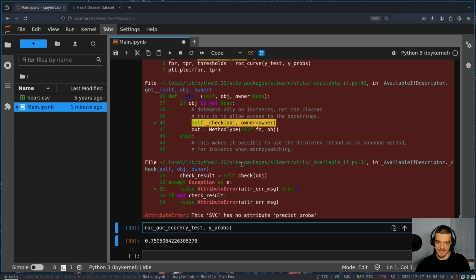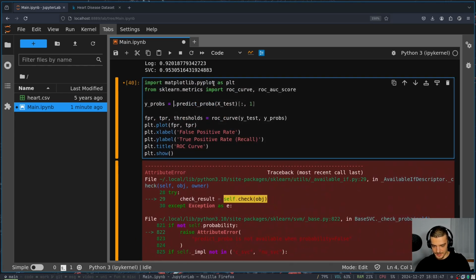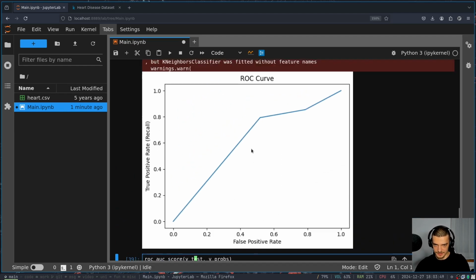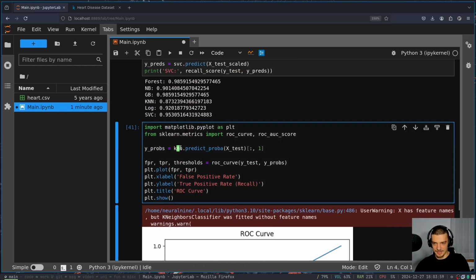Yeah, SVC doesn't have predict probability. Okay, so this was the model that doesn't have it. KNN, does KNN have it? Yes. So for KNN, I can get not so good recall, around 80%, but I also miss quite a lot. So this is also not a good model to do that.